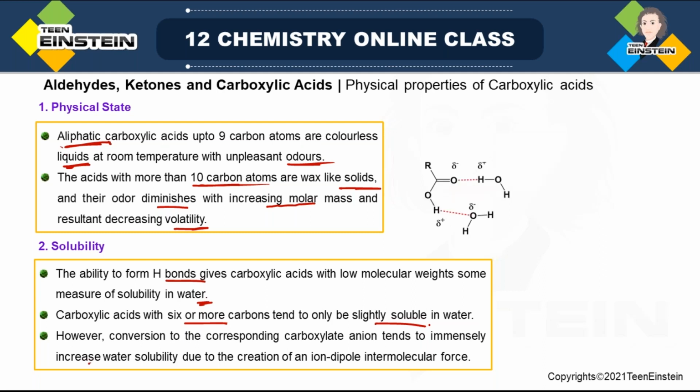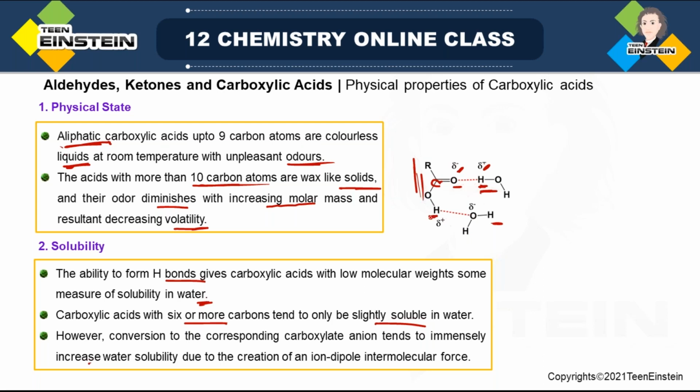So see here in this picture, this is carboxylic acid, and we have 2 water molecules. The oxygen end, that is, the C double bond O oxygen, can interact with a hydrogen atom of a water molecule. This is the negative end, this is the positive end.